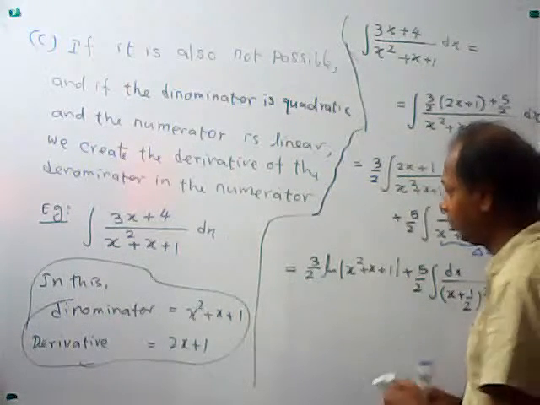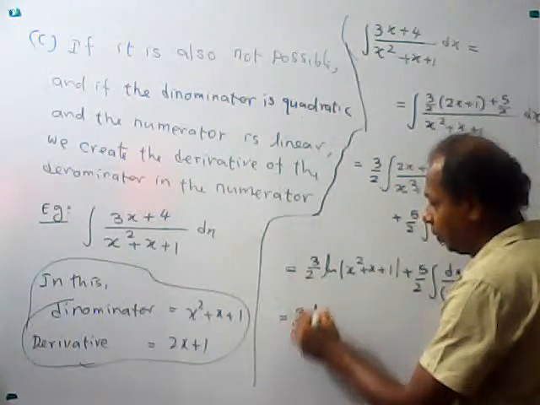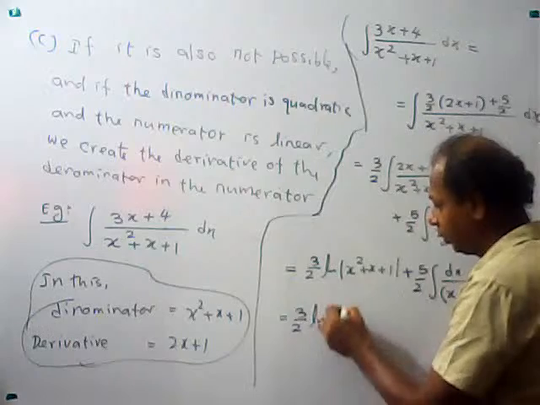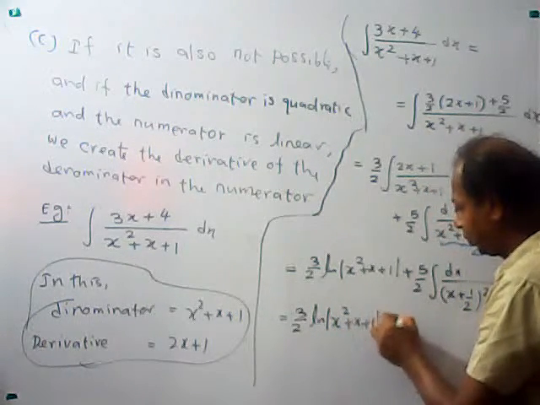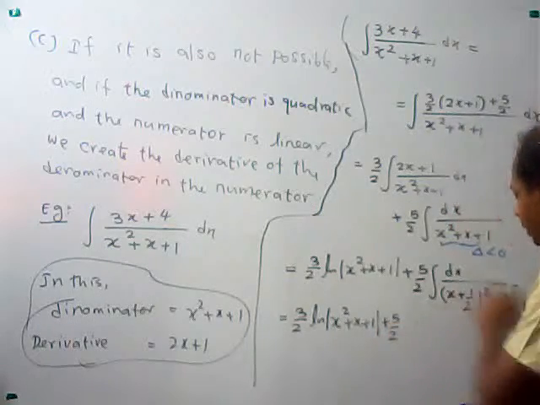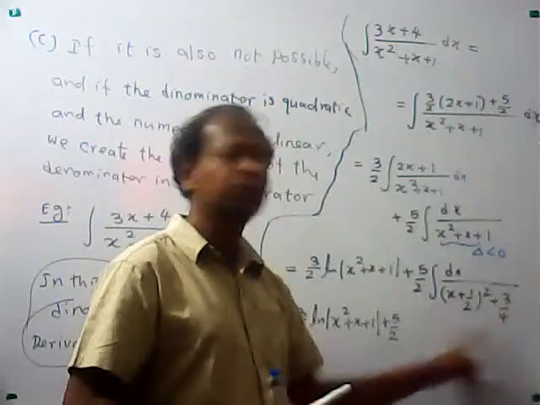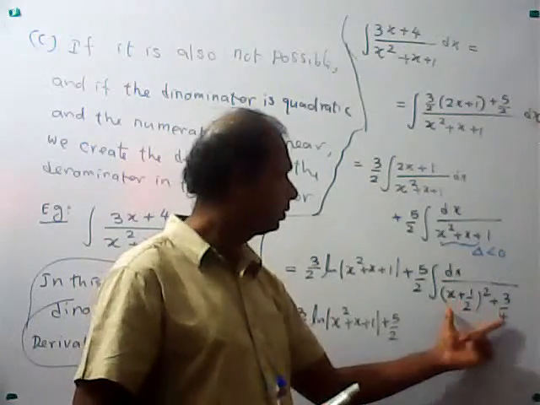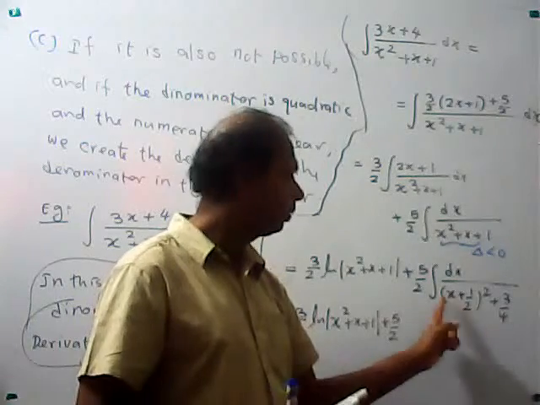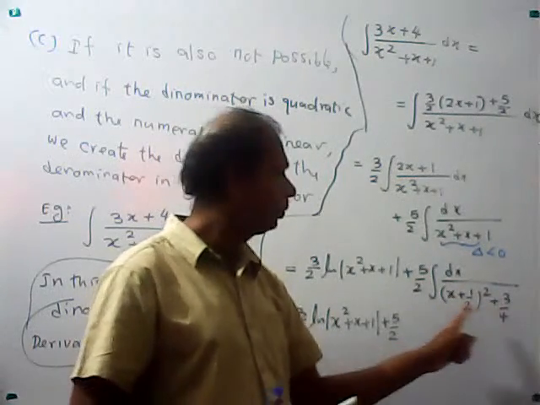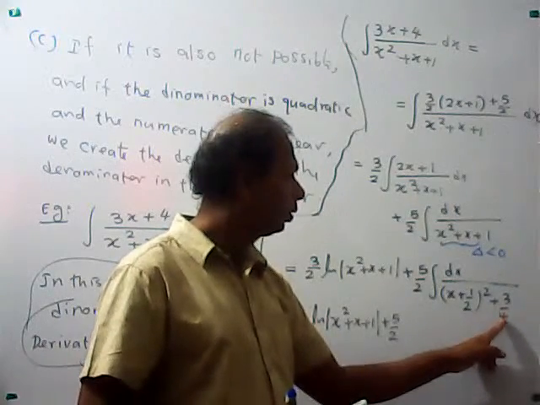We have already integrated the first part. So it's 3 over 2 ln mod of x squared plus x plus 1, plus 5 over 2 times this, which is something we learned last day. This is the tan inverse form, right? Do you remember? 1 over a, this is a squared. 1 over a is 2 over root 3.